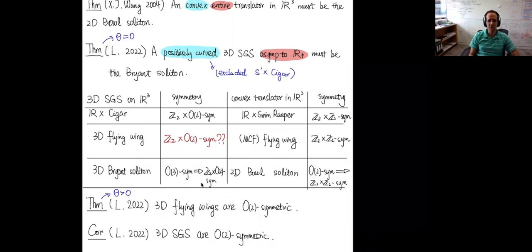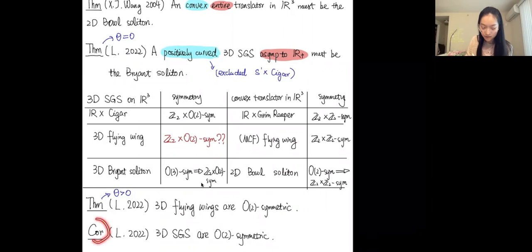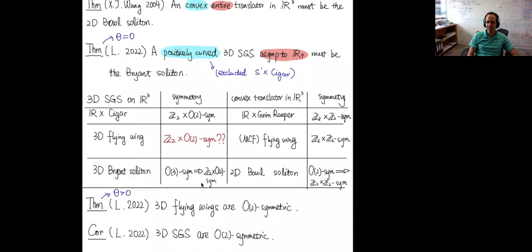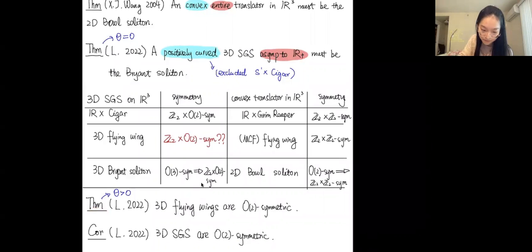So how does it follow immediately? Does it follow immediately from the theorem? Oh, you mean the last corollary? Yes. How does it follow from this theorem combined with this one? Okay, sure. Let me see it again.